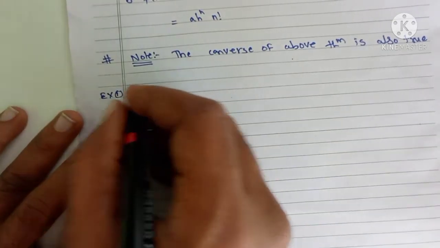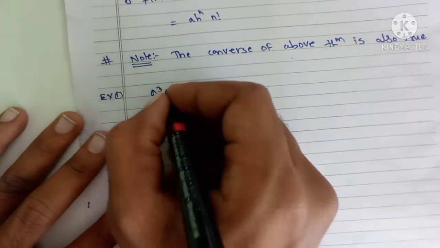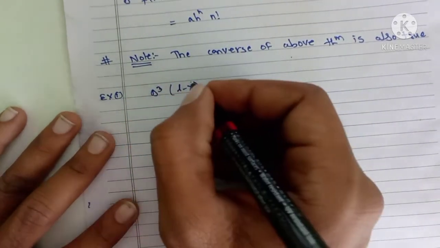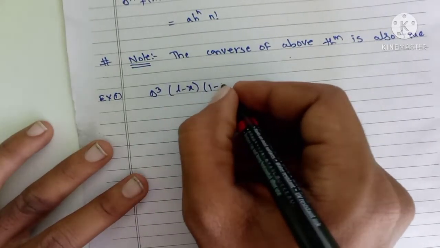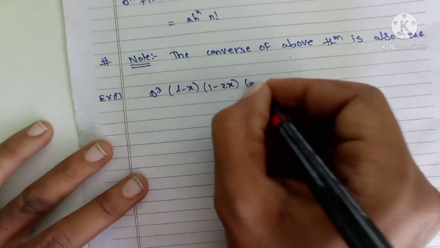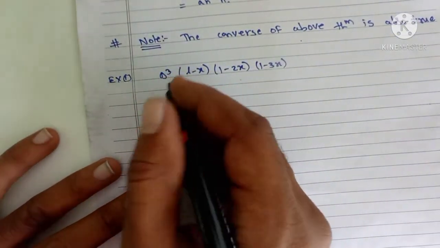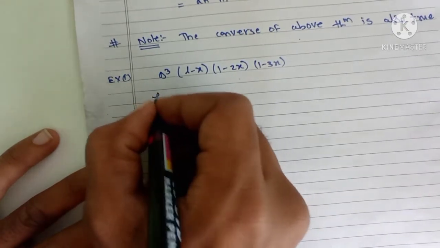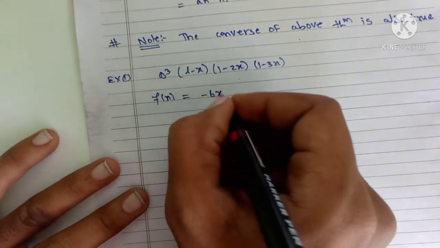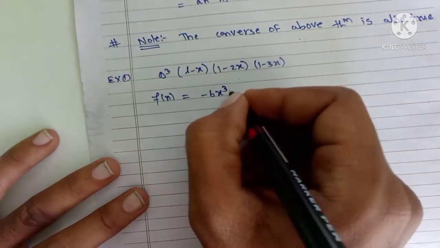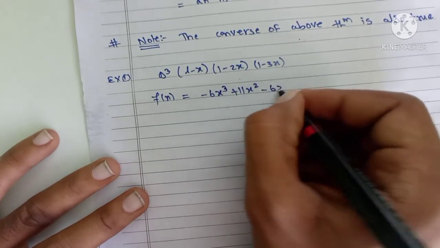Example first, evaluate delta cube of (1 minus x) into (1 minus 2x) into (1 minus 3x). If we expand these brackets, then f of x is equal to minus 6x cube plus 11x square minus 6x plus 1.